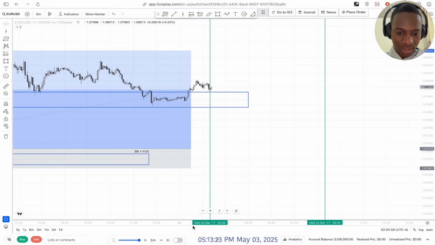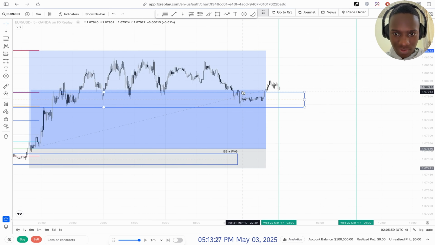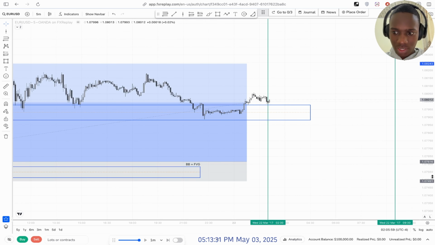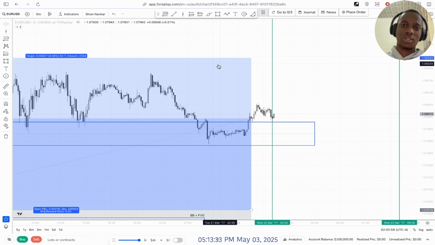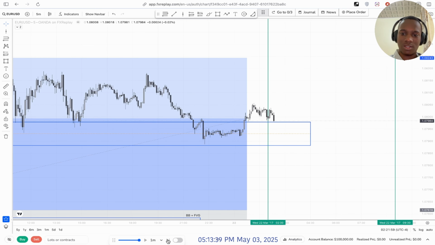Look on the 5-minute. You can see that we took out these lows. We've got our shift, and this is where we would like to take an entry, maybe to target here. That will be like an entry for the next day, literally, because it is drop.